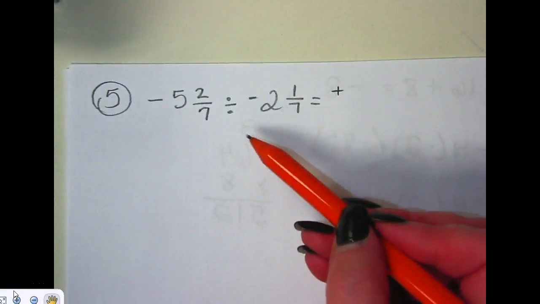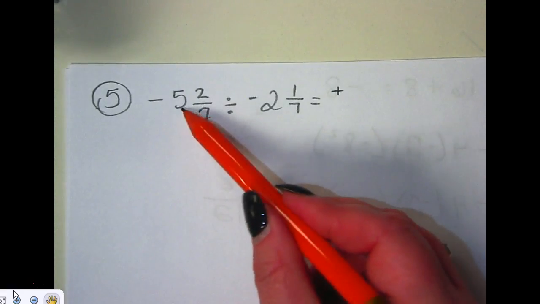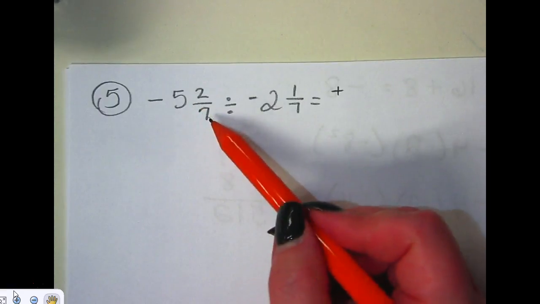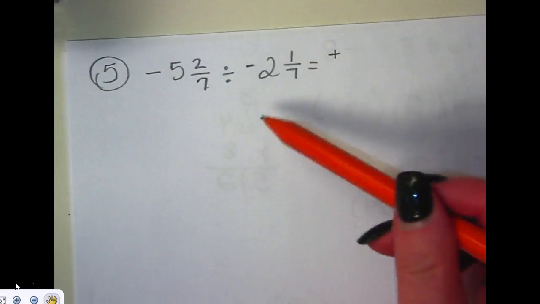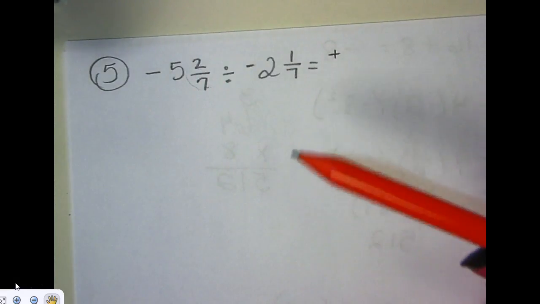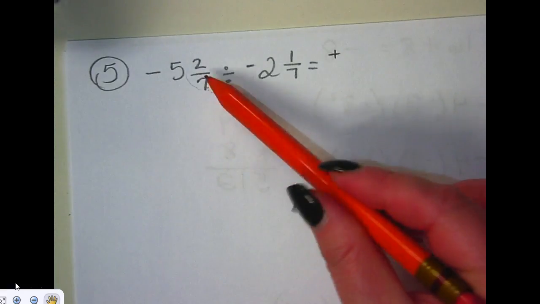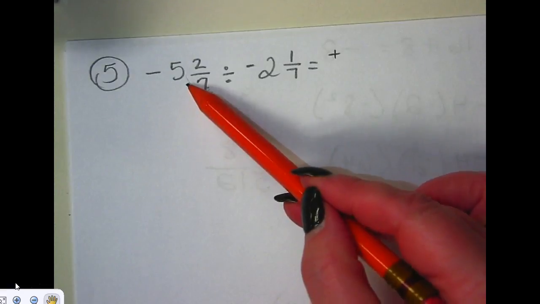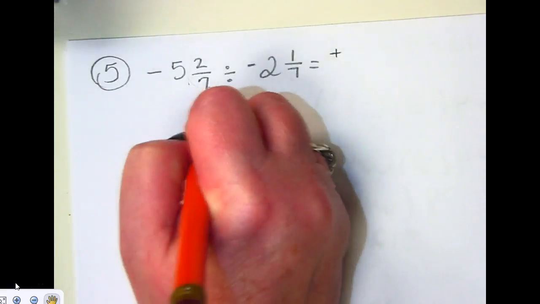All right. What do we need to do to be able to divide? We need to change these to improper fractions. How do we do that? 7 times 5 is 35, plus 2 is 37 sevenths.